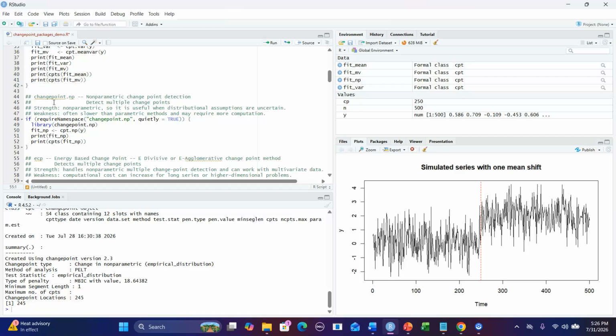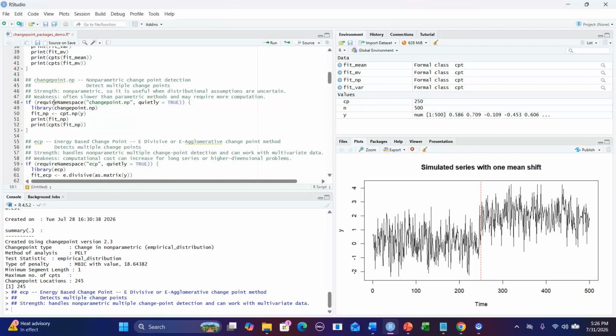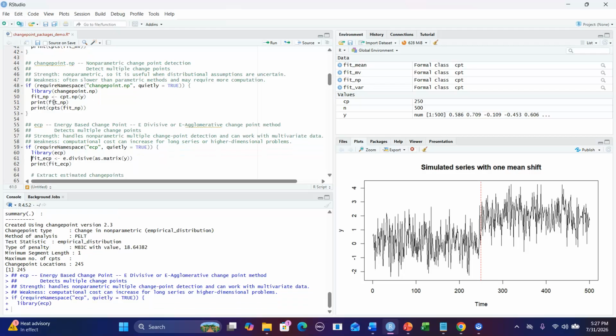ECP is energy-based change point detection using the E-divisive or E-agglomerative method. It can also detect multiple change points. The strength is that it handles non-parametric multiple change point detection and can work with multivariate data. The weakness is that computational cost can increase for long series or higher dimensional problems. The syntax is pretty simple, using e.divisive, and you have to make the time series y a matrix.